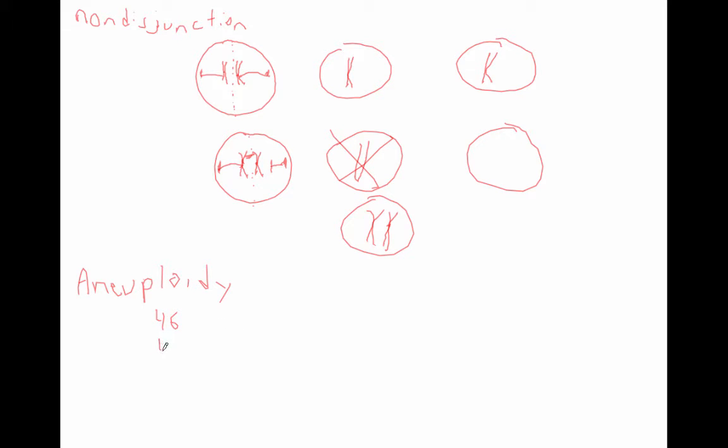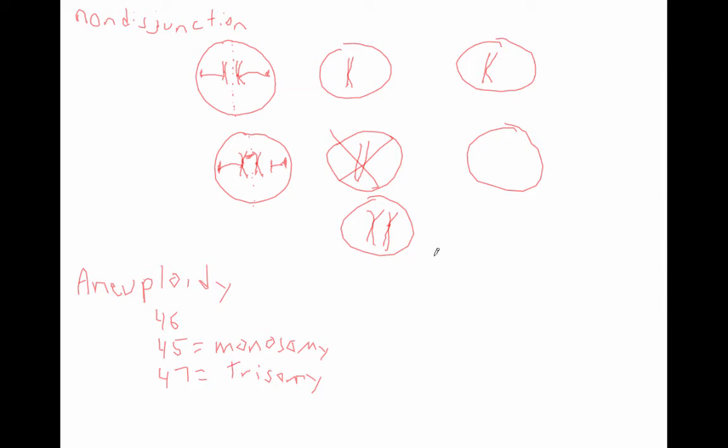So you could have a case where you have one less chromosome, 45 chromosomes. This kind of aneuploidy is called a monosomy. Monosomies have one less chromosome. You could also see how this one, if it's used during fertilization, would lead to an individual with one extra chromosome. And we call that trisomy.